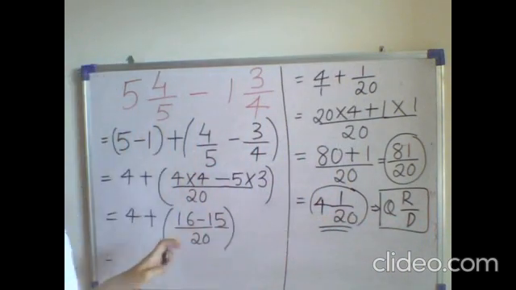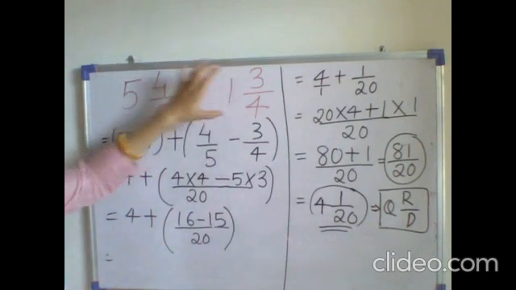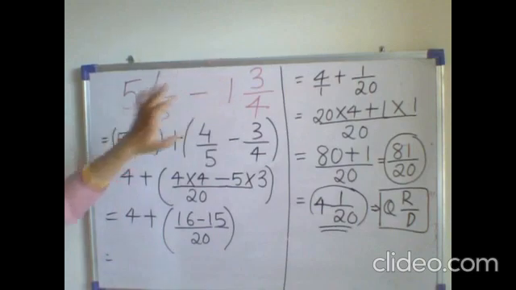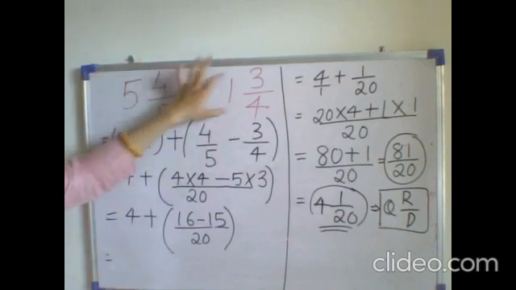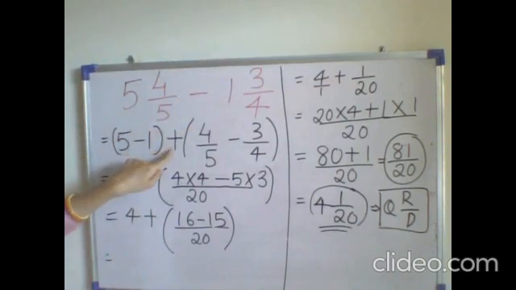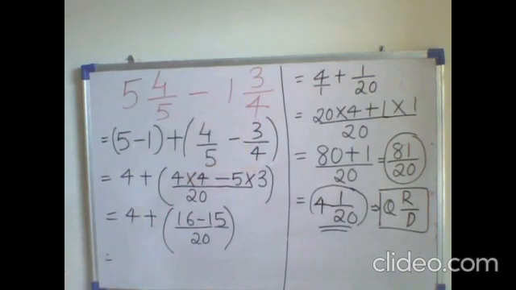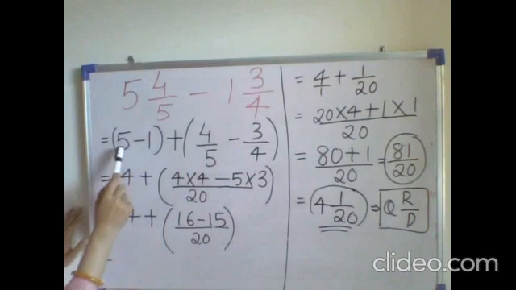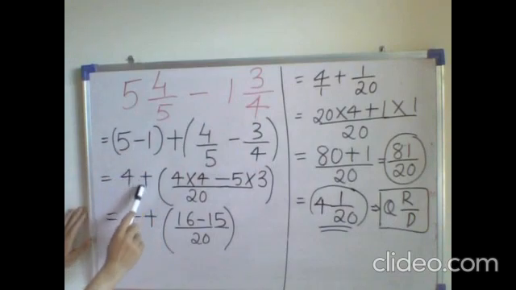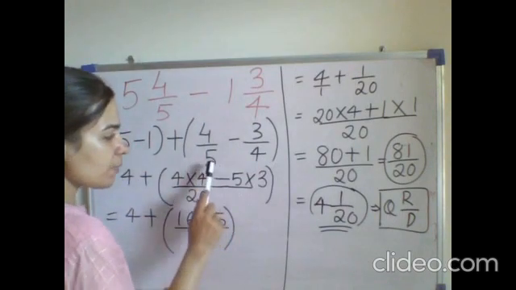So let us revise this question again. Here I have written two mixed numbers. First of all, the whole numbers you will be writing separately, that is 5 minus 1, plus these two fractions you will be writing separately. Now 5 minus 1 is 4, plus you have to find the LCM of 5 and 4.